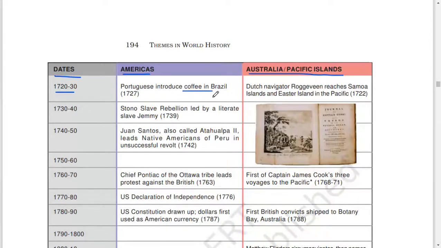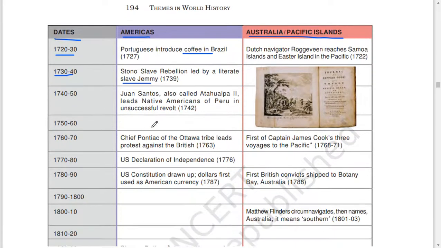Dutch navigator Roggeveen reaches Samoa Island and Easter Island in the Pacific, 1722. 1730 to 1740, Stono Slave Rebellion led by a literate slave, Jemmy, 1739. 1740 to 1750, Juan Santos, also called Atahualpa II, leads Native Americans of Peru in an unsuccessful revolt, 1742.